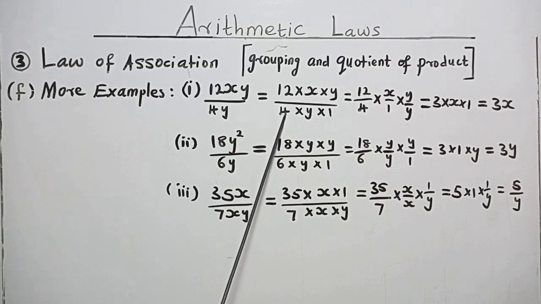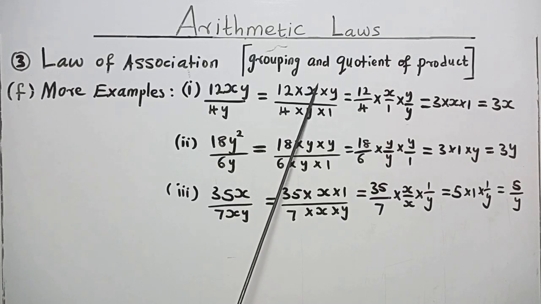Here, when 4 divides x, that activity is not a wrong thing. But if you divide x by 4, you will not get any answer. We choose a different thing that 4 will divide. Let 4 divide 12. Also, if y divides x, nothing is wrong with that, based on law of association.